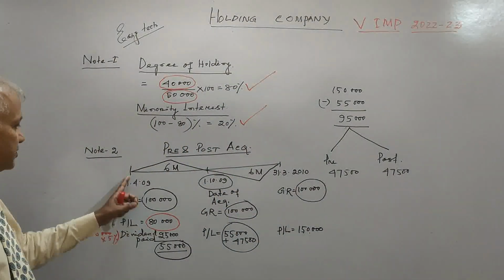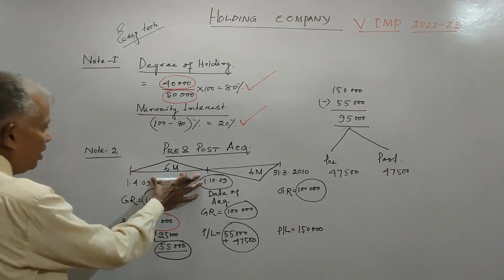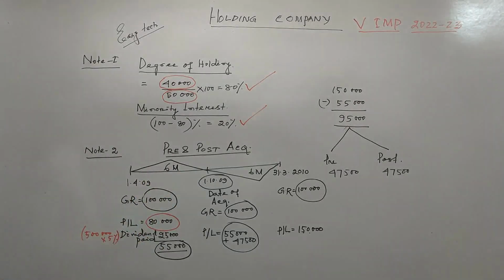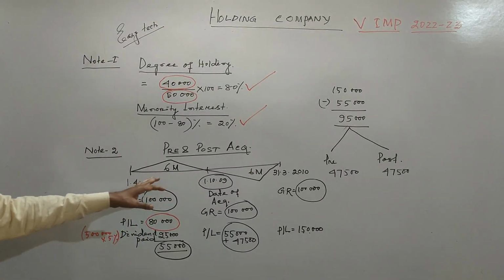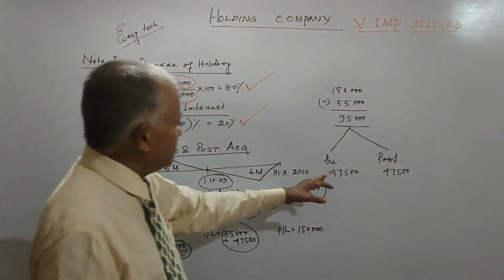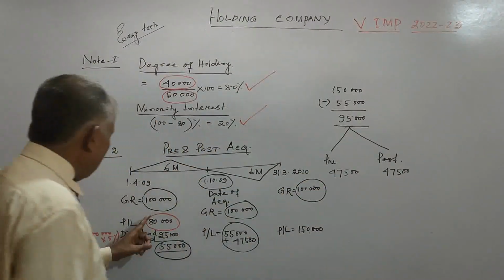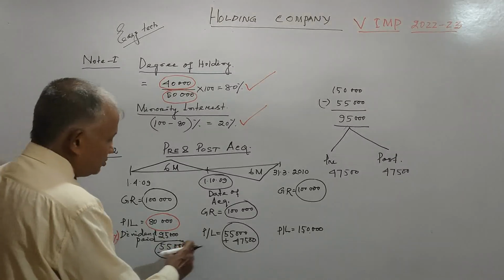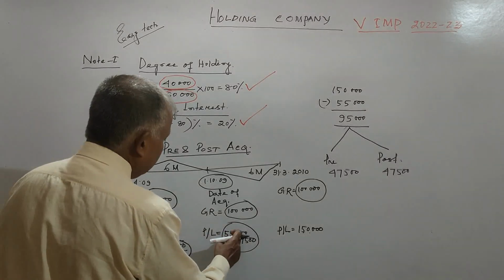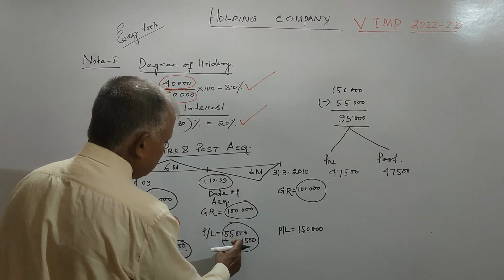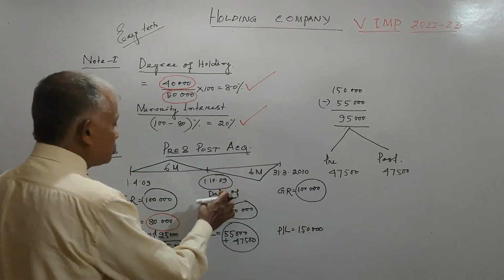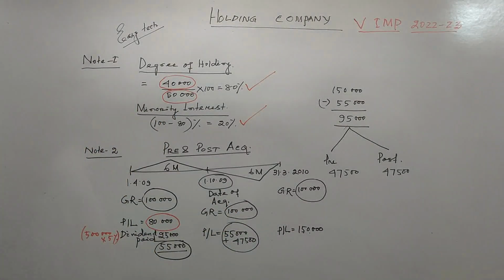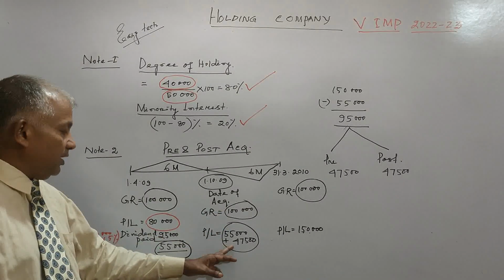So friends, during this period of 6 months, the profit earned by the company is 47,500. After dividend paid, the profit was 55,000.